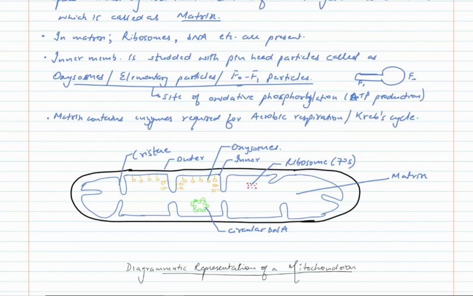And because DNA and RNA in the form of ribosomes is present inside mitochondria, mitochondria divide by fission, that is each mitochondria arises from a pre-existing mitochondria, therefore they are also known as semi-autonomous organelles.